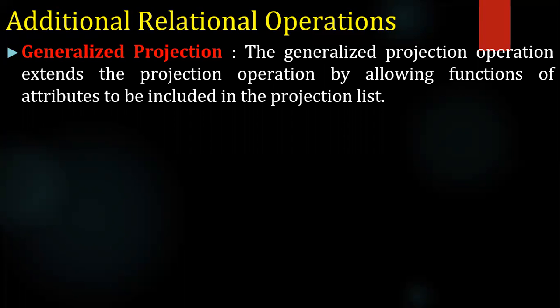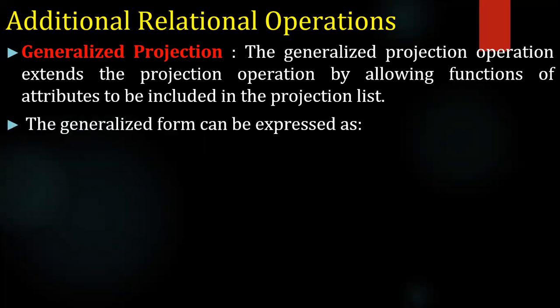So like this we can generalize, we can add some additional expressions to the existing columns and retrieve them, which comes under generalized projection. And we can write this as the projection symbol pi f1 to fn.